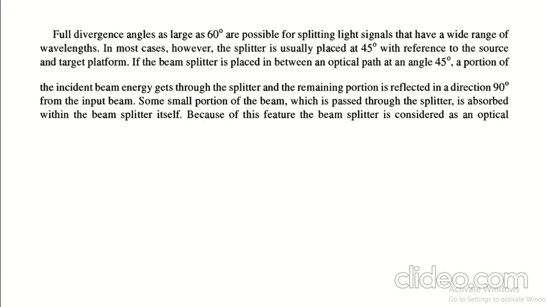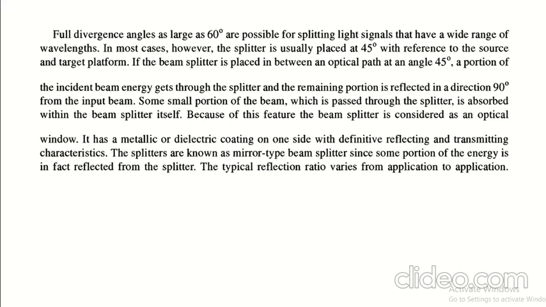Because of this feature, the beam splitter is considered an optical window. It has a metallic or dielectric coating on one side with definitive reflecting and transmitting characteristics. So these are the basic characteristics shown here, that it must consist of some metallic or dielectric coating.